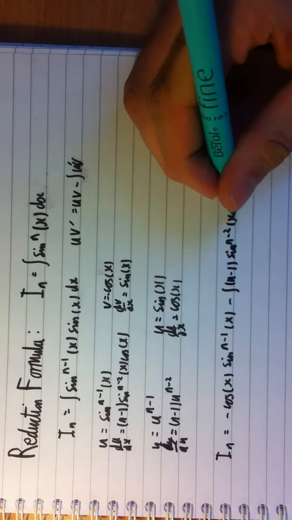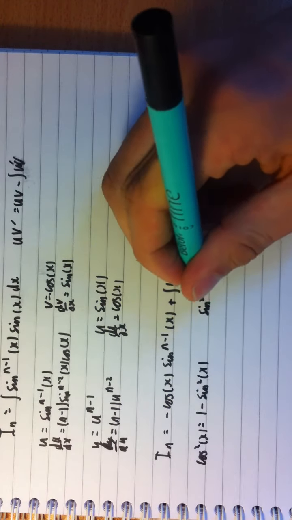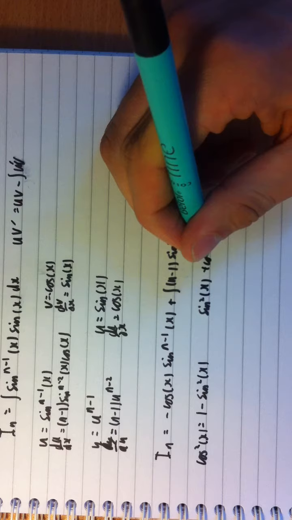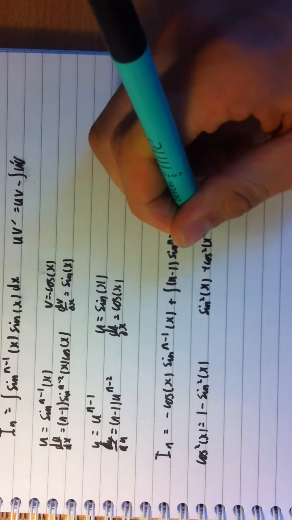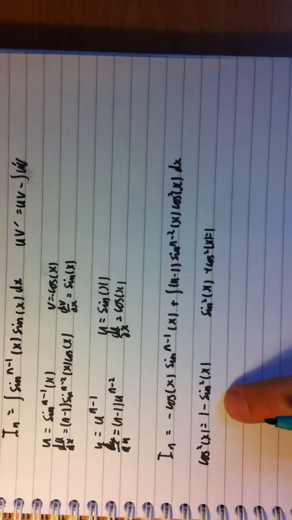The next step is to remember that cos squared x is equal to 1 minus sin squared x, which can be found by rearranging sin squared plus cos squared equals 1. So if I substitute 1 minus sin squared x into cos squared x, I can rewrite this equation.